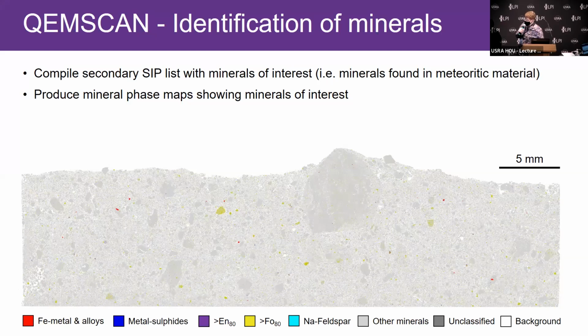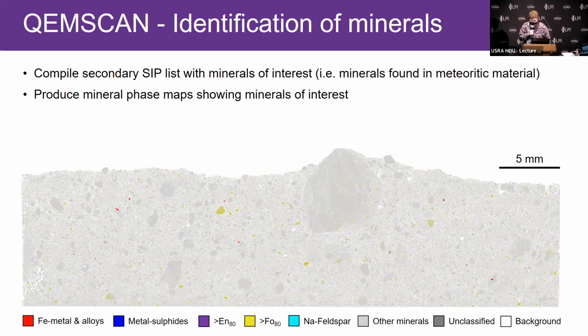And we're just pulling out some of the key phases that we're potentially interested in. So just to get your eye in, you might probably be able to see some red specks there that are some iron associated phases. And we've also got, you can probably see the bigger green splodges of high phosphorus olivine in there as well. Now, the caveat of all this is that these minerals are all commonly found in lunar samples as well.